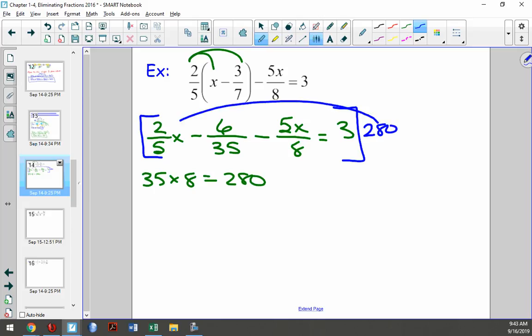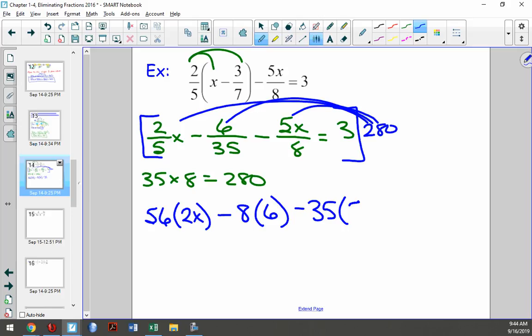So we're going to take 280 and divide it by 5, and that's going to give you 56. Drop down the numerator of 2x minus, go to the next term, 280 divided by 35 is going to give you 8. Drop down the 6. Go to the next term, 280 divided by 8 is going to give you a 35, and drop down the numerator of 5x equals, and then this is not a fraction, so 280 times 3 is going to give you 840.